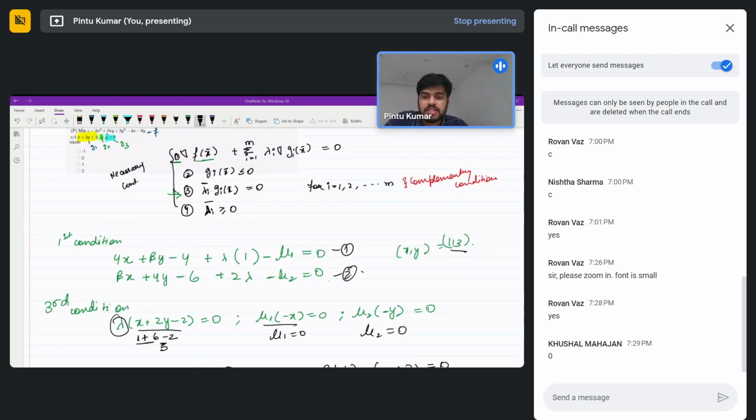Kushal, your answer was right, but I'll just change the point. I think I made a mistake with the point in writing the question. So just give me a second. So this is x of... so I want to make this thing, so this is half.